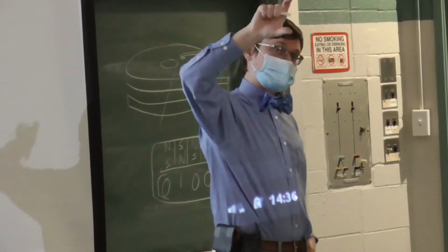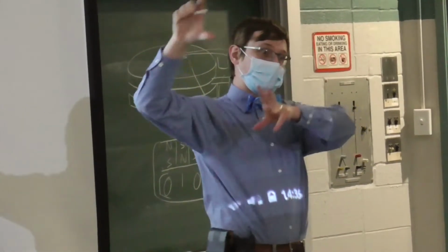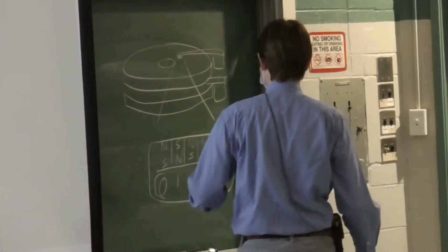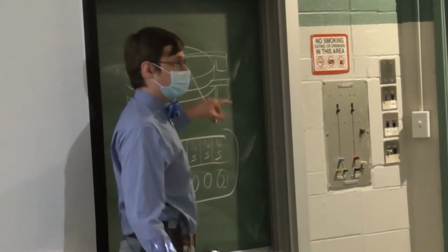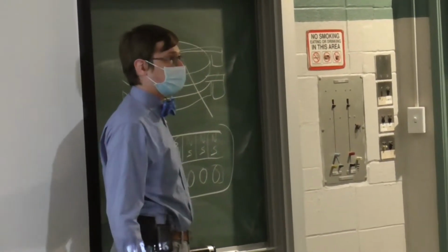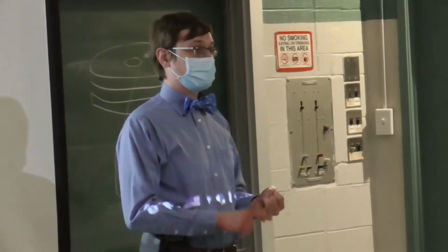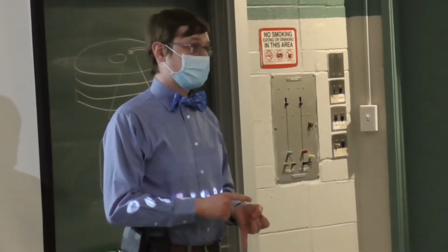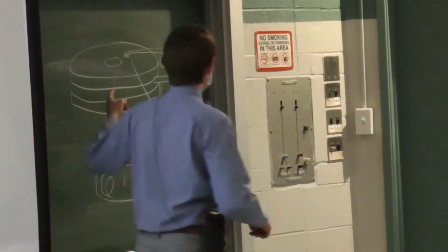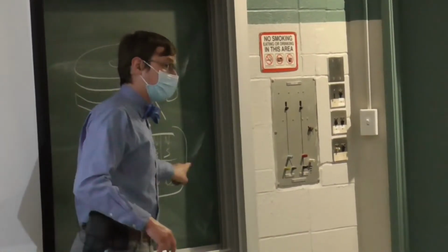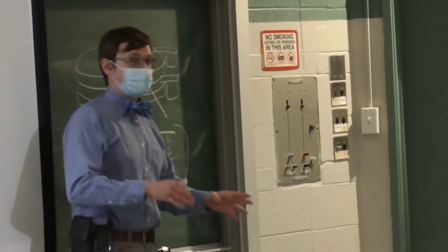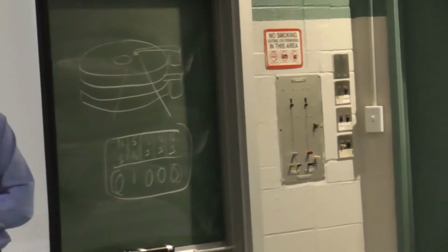One of the mechanisms by which this disk encodes this information as files is that there is a region of the disk called the file table. The file table designates which memory addresses correspond to which files.